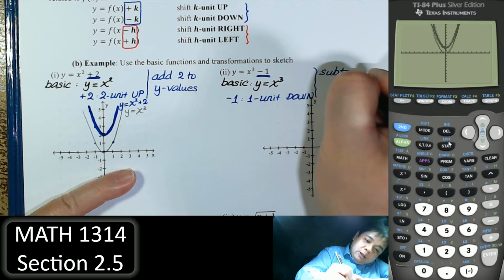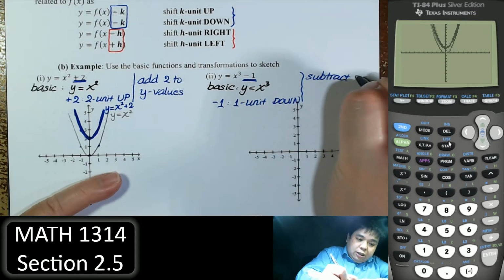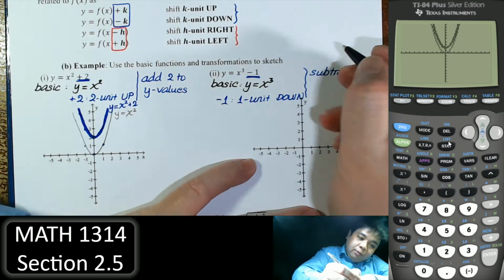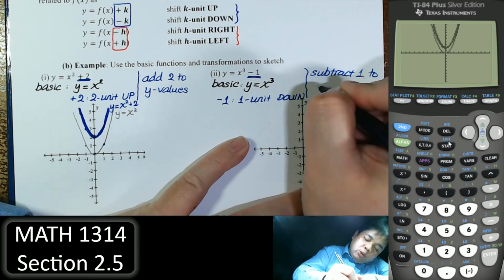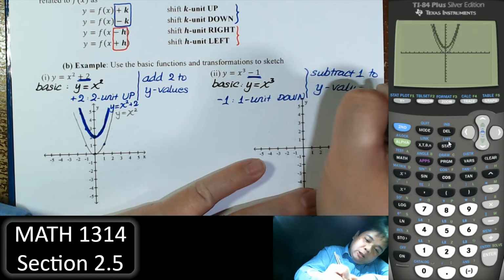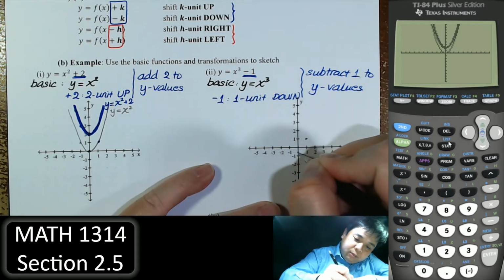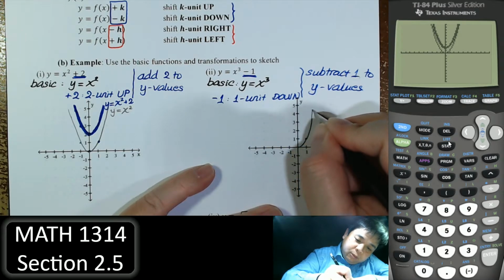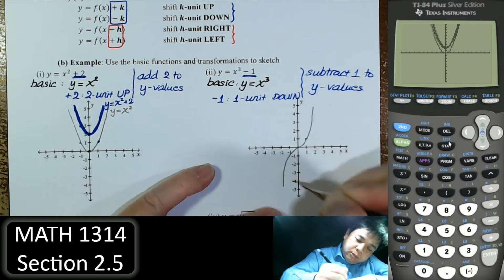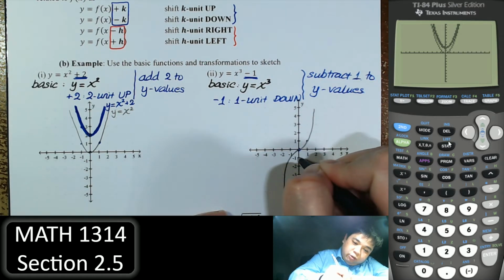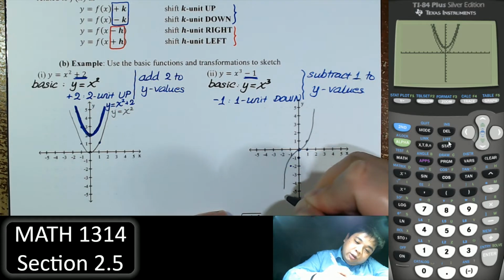Subtract 1 to the y values. So we start with x cubed. Right. And now we just move everything down 1 unit. 0, 0 moves down here. That point moves here. That point moves here. And we have the graph.